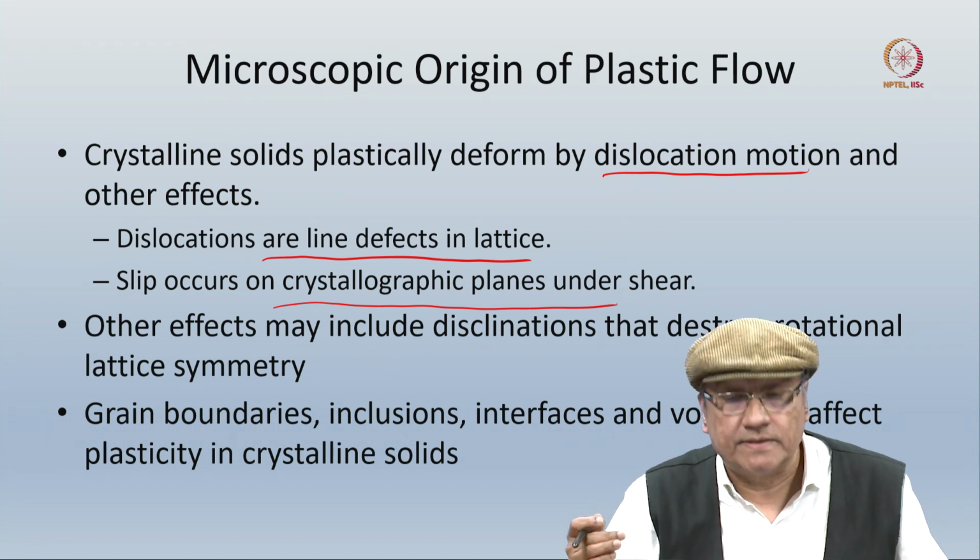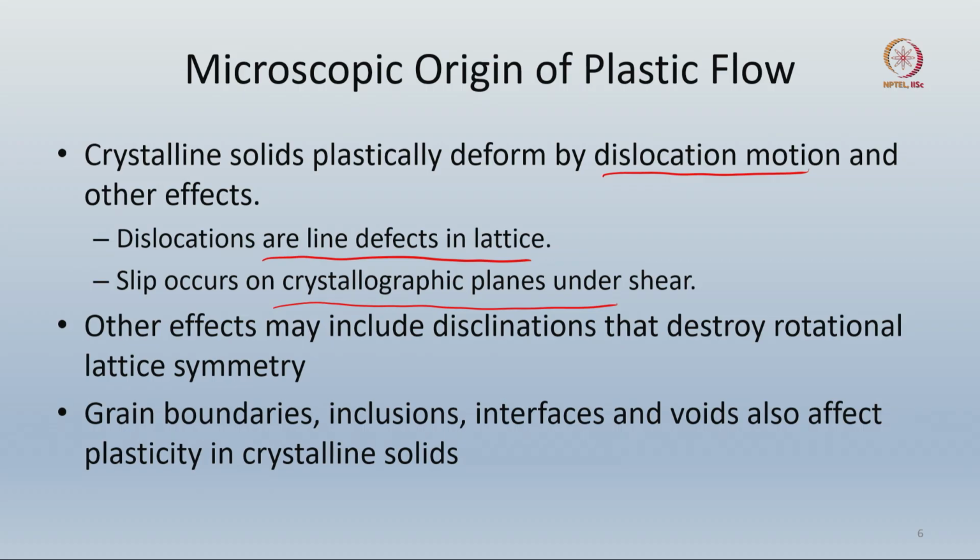Dislocation is basically a defect that destroys the translational symmetry of the crystallographic structure. That is the language of the material scientists. Other defects like disclinations, which destroy the lattice's rotational symmetry, may also contribute to plastic flow, but it is known that for metals under normal temperature ranges, disclinations do not have such a profound effect on plasticity.